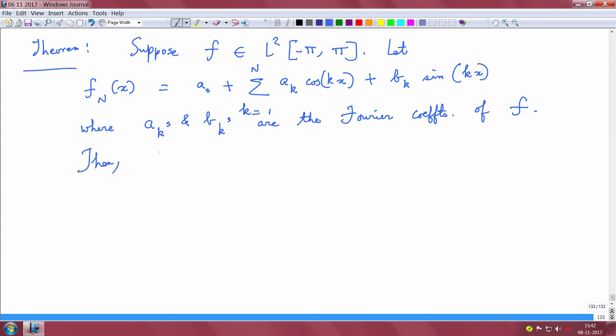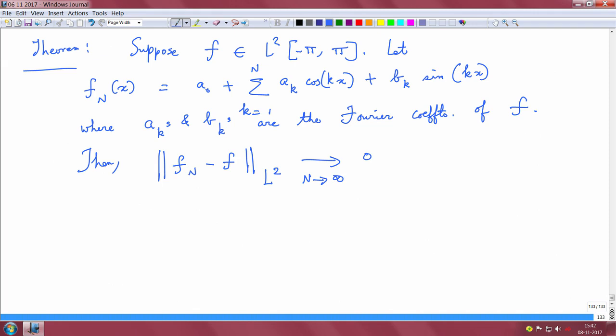Then if you look at the norm of f_n minus f under the L2 sense, this heads to 0 as n goes to infinity.